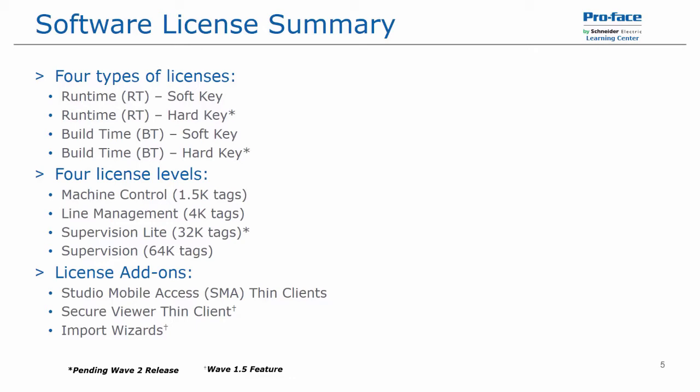There is a demonstration runtime that will run for 72 hours and then it'll have to be restarted. Conversely, if you license the software for a runtime, none of the development side, none of the build time will be available to you. So only the available features and functions determined by the license will be available to you. However, the entire software is installed.